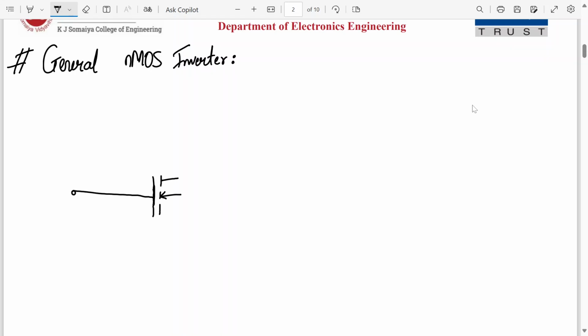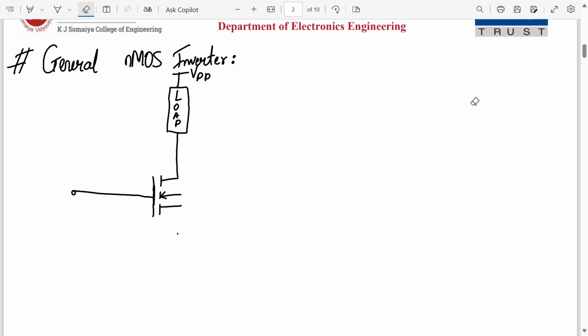We are using the 4 terminal symbol, and as a load we are drawing a dummy box. It can be any other thing. This is VDD. It can be a resistive load, it can be some other terminal, some other device.